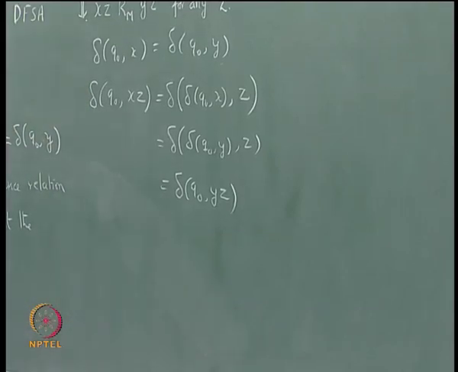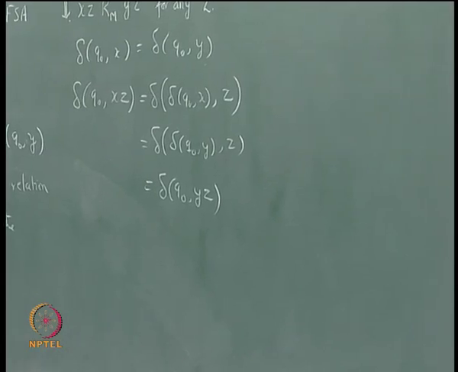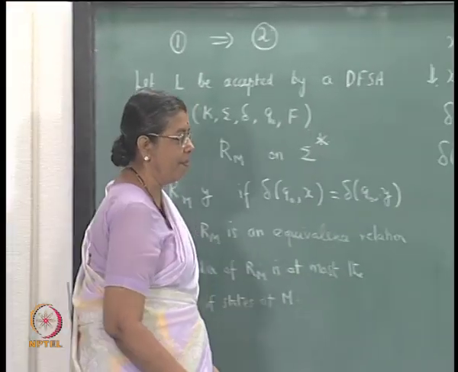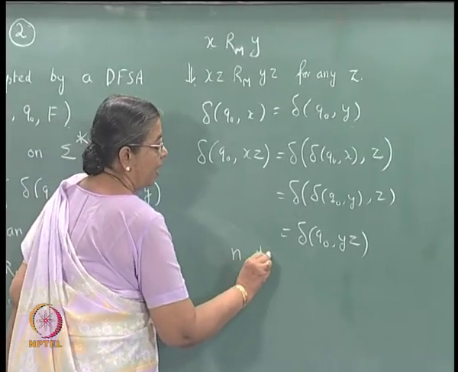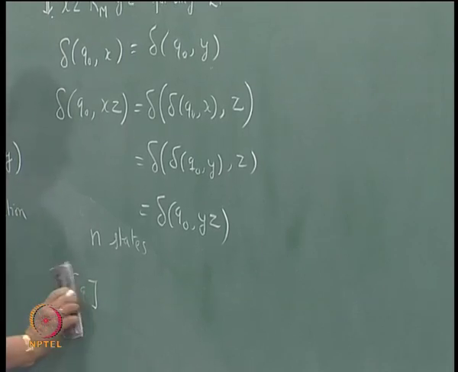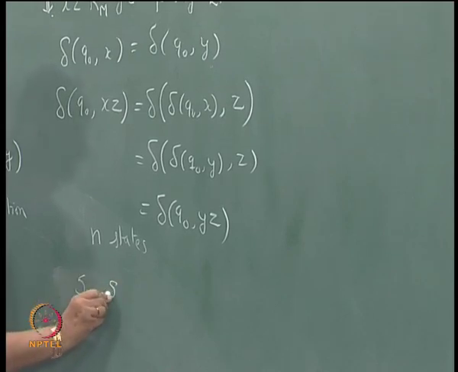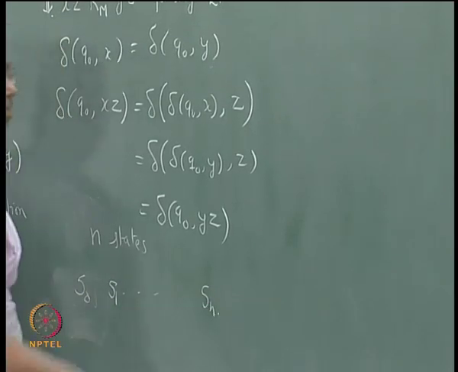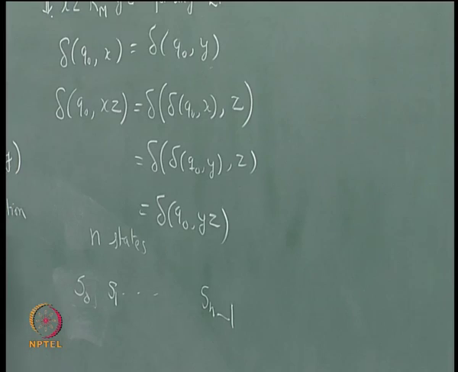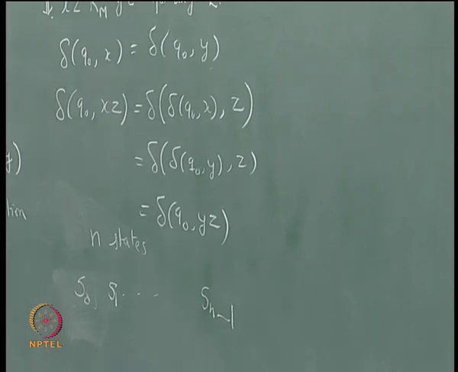One more point is that L is the union of some of the equivalence classes of that relation. So, for this equivalence relation Rm, if there are n states, there will be a class corresponding to q naught, which I will call S naught, then S1, up to Sn minus 1, supposing all states are reachable from q naught.